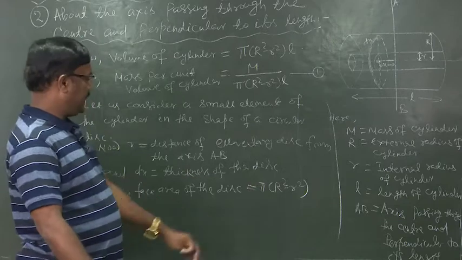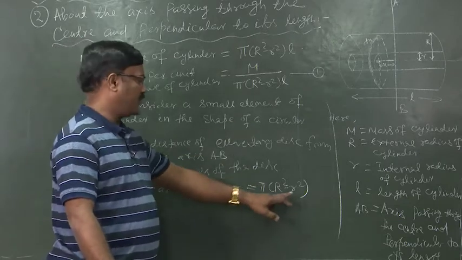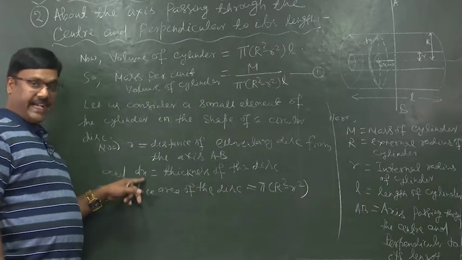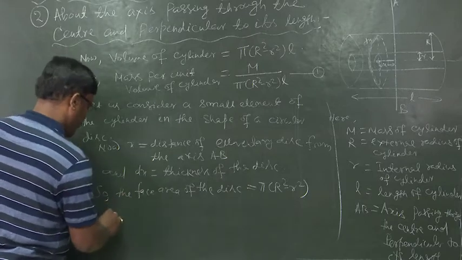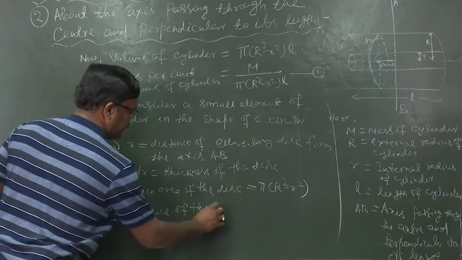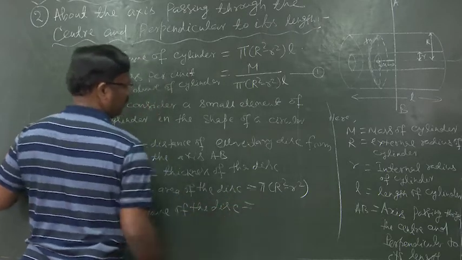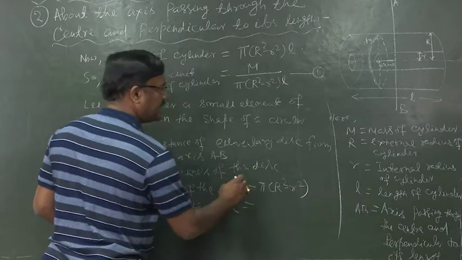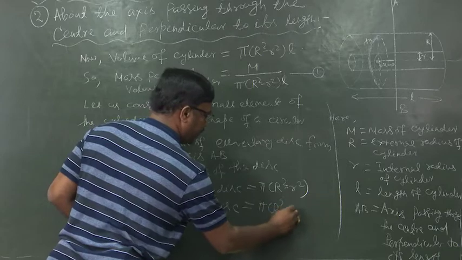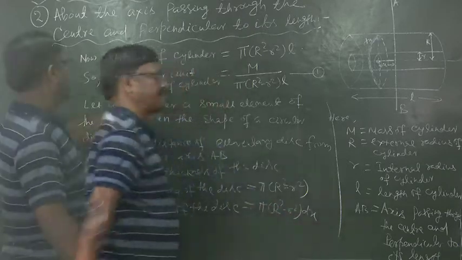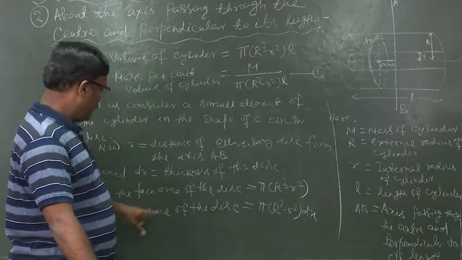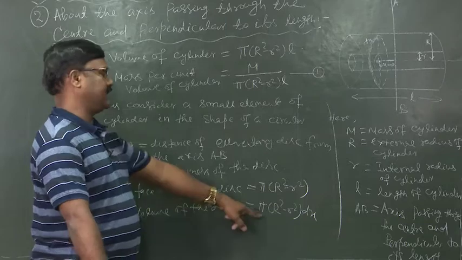So, the face area of the disc is pi (R square minus r square), but we have taken the thickness of the disc to be dx, which implies the volume of the disc is equal to face area multiplied by the thickness, that is pi (R square minus r square) into dx. Here we have calculated the volume of the disc.